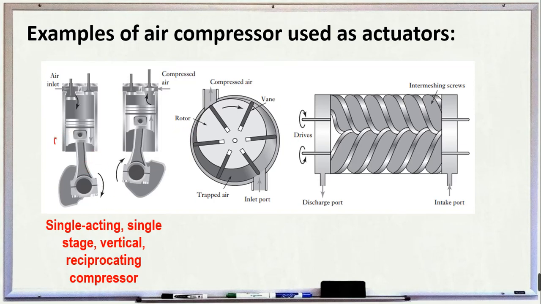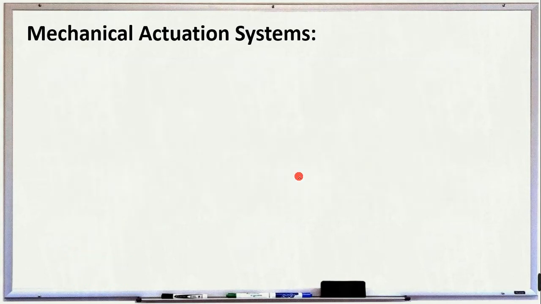So single acting, input output one direction lang, and then single stage, so usa ra ang gamit nga compressor, and then reciprocating iyang manner, so pataas then pababa. So example sa atong reciprocating compressor is the piston cylinder arrangement. We also have the rotary vane compressor, and then we also have the screw compressor. Pero daghan pa kani siya mga example sa mga air compressor.